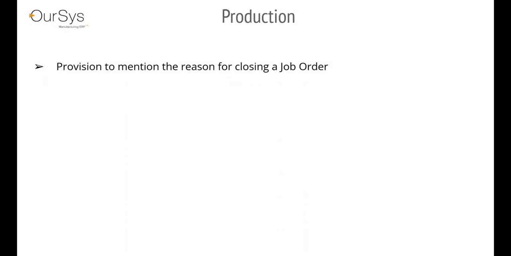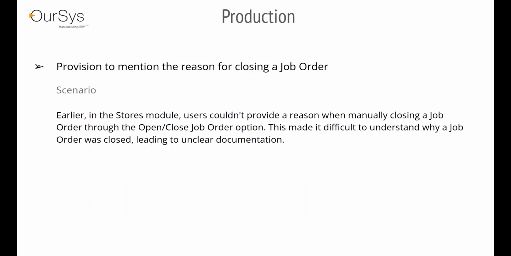Provision to mention the reason for closing a job order. Earlier in the stores module, users couldn't explain why they wanted to close a job order manually using the job order open close option. This created confusion between the teams as there was no clear reason or record to check why the job order was closed.